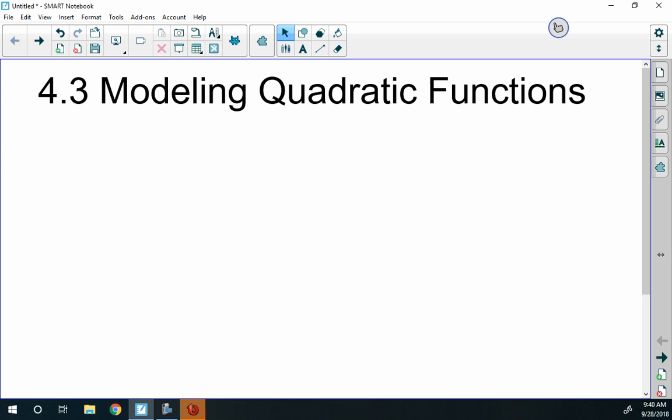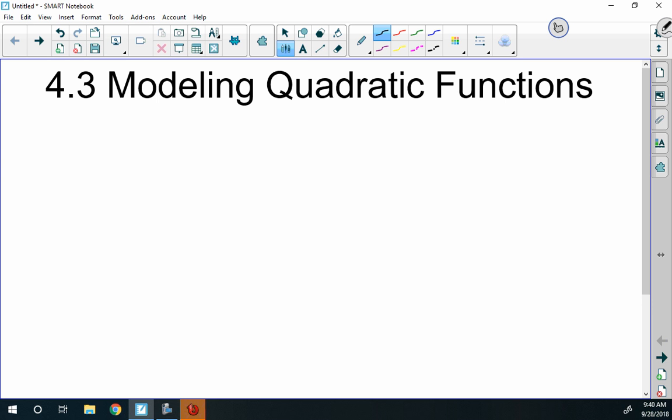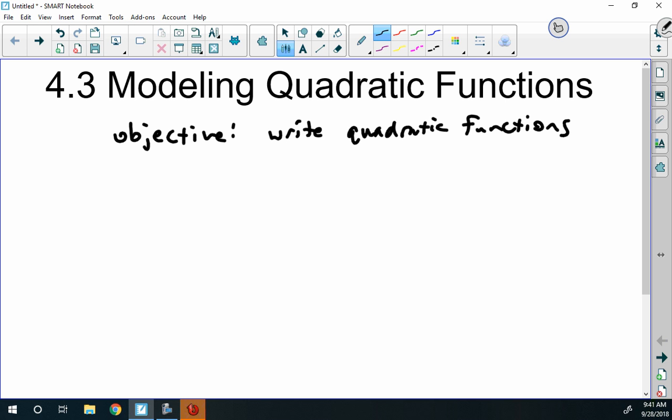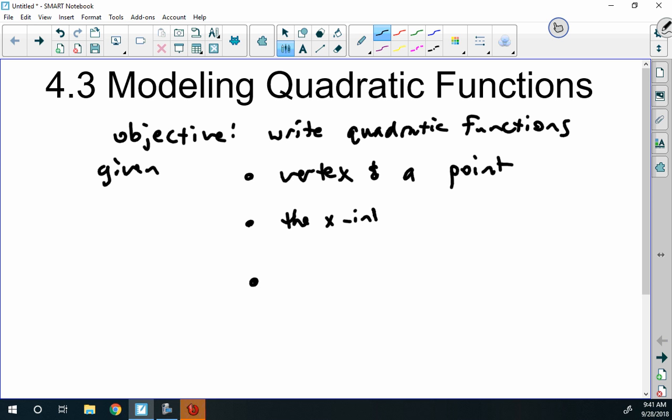Anyway, Chapter 4, Section 3, Modeling Quadratic Functions. So basically what this means is here's our objective. Here's our goal by the end of this. The objective is to be able to write quadratic functions, given the vertex and a point, or maybe given the x-intercepts.